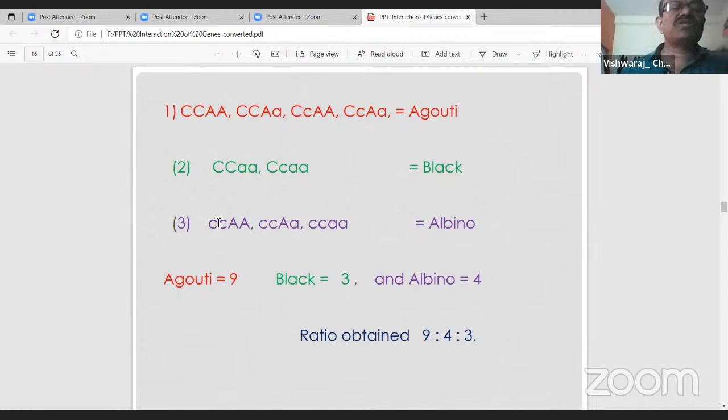And third, small c capital A, small c capital A, small c small a show their albino color. Hence, in this checkerboard, 9 are agouti, 3 are black, and 4 are albino. The ratio obtained is 9:3:4.